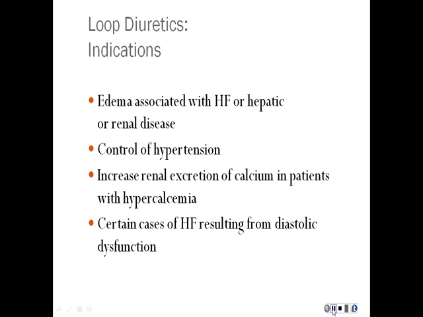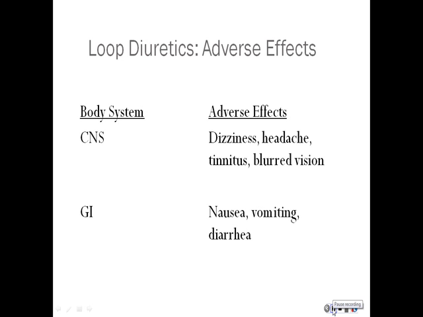So these types of medications are used for folks that have edema associated with heart failure or hepatic or renal failure. Again, I already talked about controlling hypertension, increased renal excretion of calcium in patients with hypercalcemia, although it's not primarily used for that, it can be used secondarily for that.